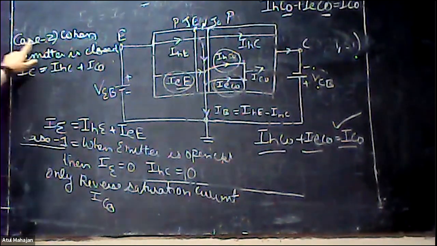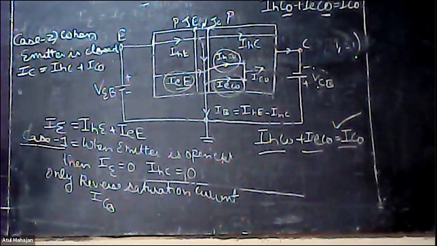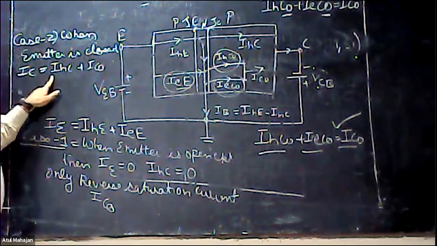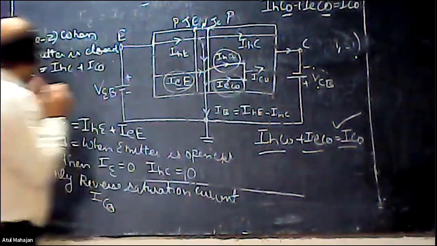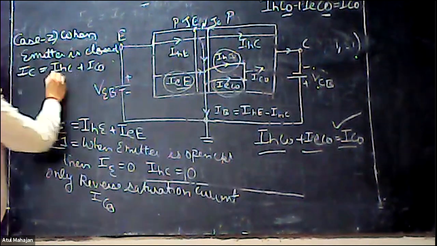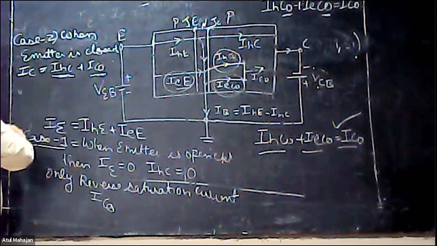Now, when the emitter is closed, that means when we are supplying voltage to the emitter, what will happen? The collector current IC will be equal to IHC plus ICO.